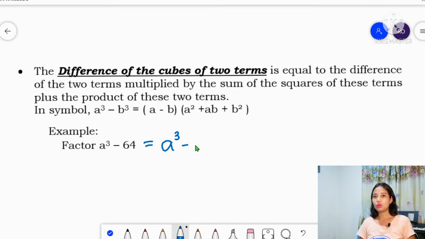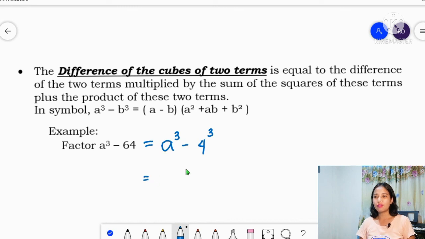Ang number na tinutukoy ko kanina ay ang 4. If we multiply 4 3 times, so 4 times 4 is 16. 16 times 4 is 64. So, we can rewrite 64 as 4 raised to 3. So, in this way, alam na natin kung ano ang ating mga bases, which is A and 4.